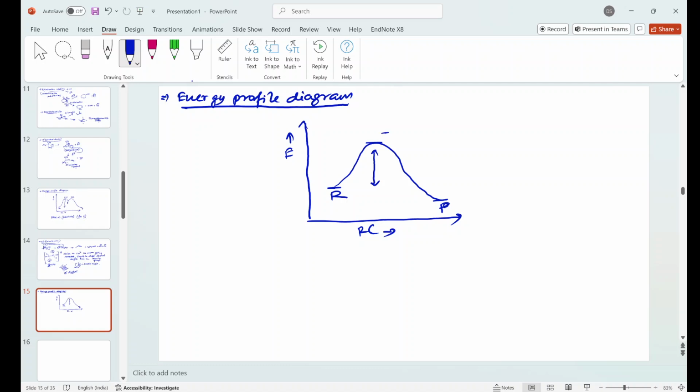So there is only one transition state. There is no intermediate. So here your rate will depend on substrate plus base or nucleophile, whatever. Both are in the transition step.